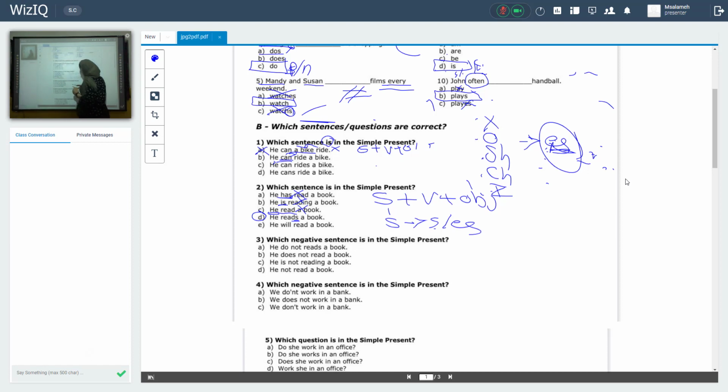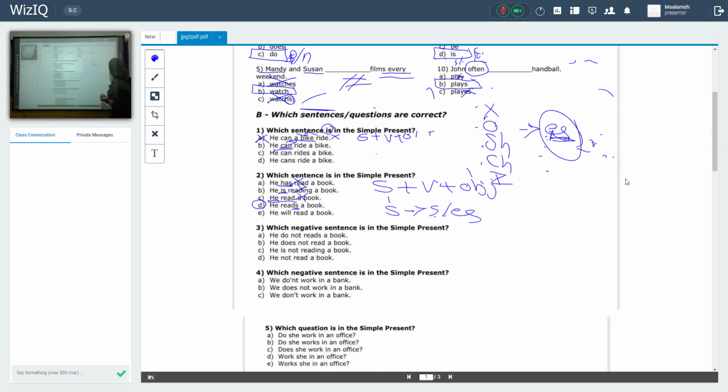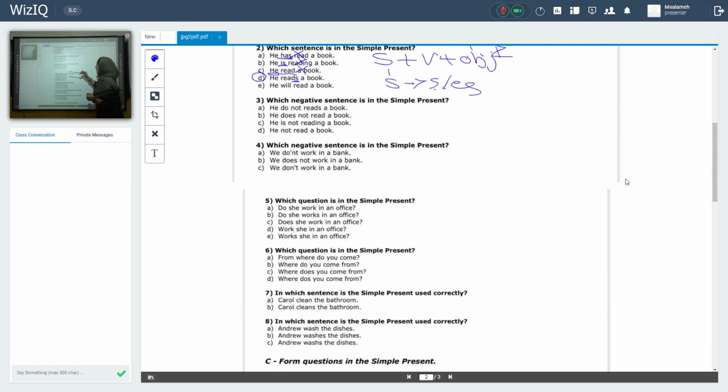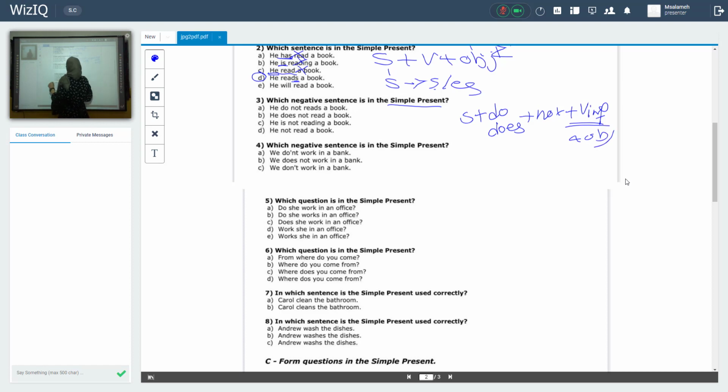He reads a book. Which negative sentence is in the simple present? Remember the form of the simple present negative sentence: subject plus do or does, followed by not, followed by the infinitive verb without any adding, plus object. So he do not reads, here we have s, remember, verb infinitive, so it's a wrong answer.